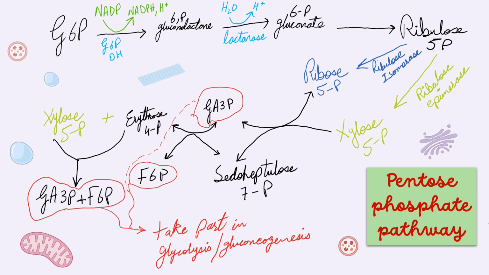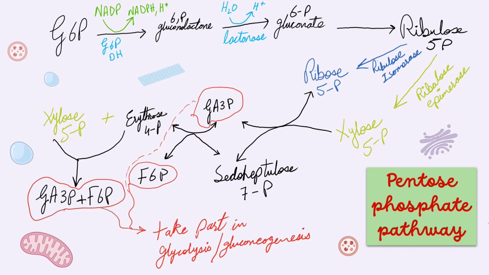Then this ribose 5-phosphate and xylulose 5-phosphate in the cytoplasm of the cell can combine together to form GA3P, glyceraldehyde 3-phosphate, or sedoheptulose 7-phosphate. Then the sedoheptulose 7-phosphate and GA3P again combine together to form erythrose 4-phosphate, which is a 4-carbon compound, and fructose 6-phosphate, which is a 6-carbon compound.